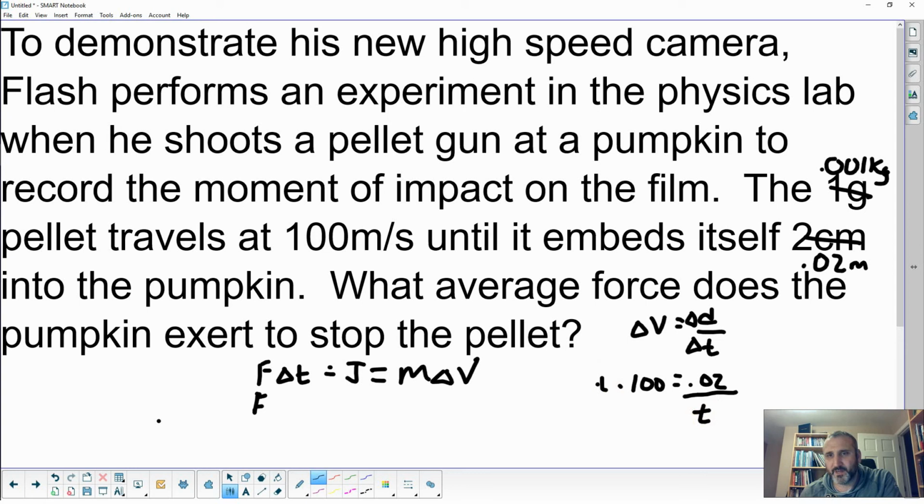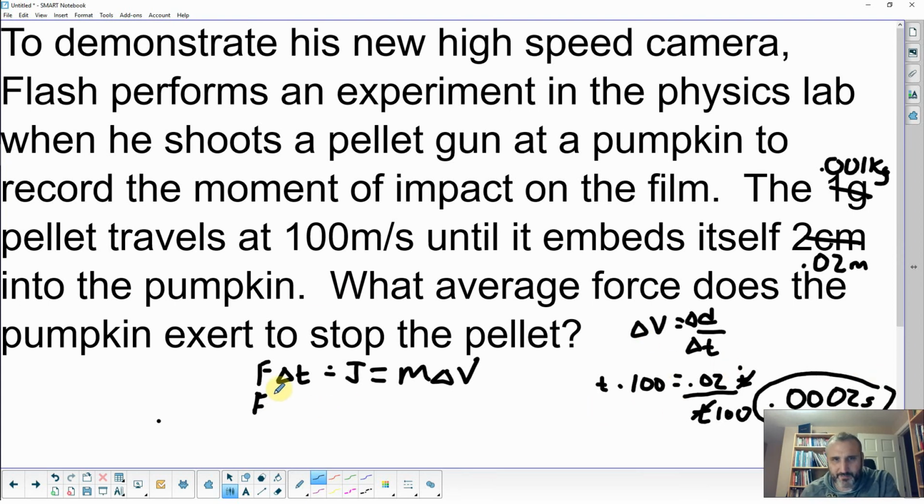So to solve for that, we multiply both sides by time, and then divide by 100. So 0.02 divided by 100 is going to be 0.0002 seconds. So that's how long it's going to take this thing to stop.